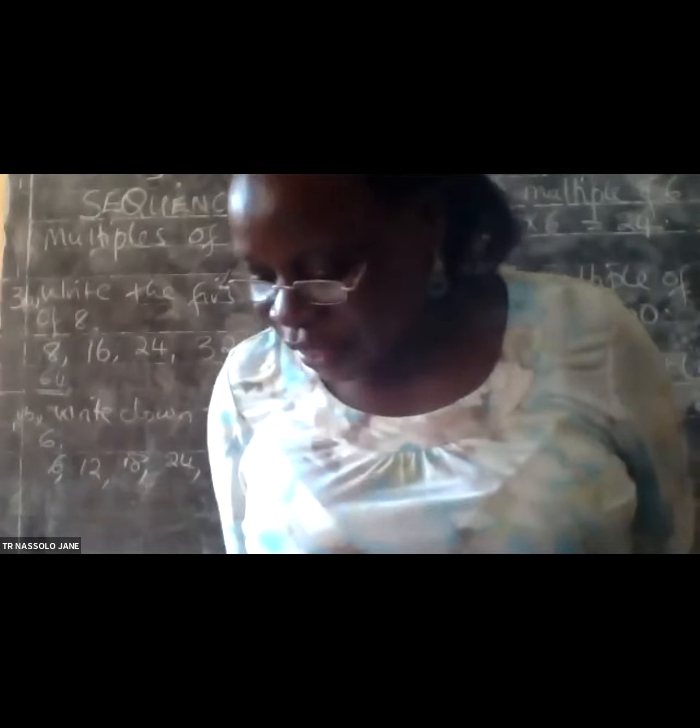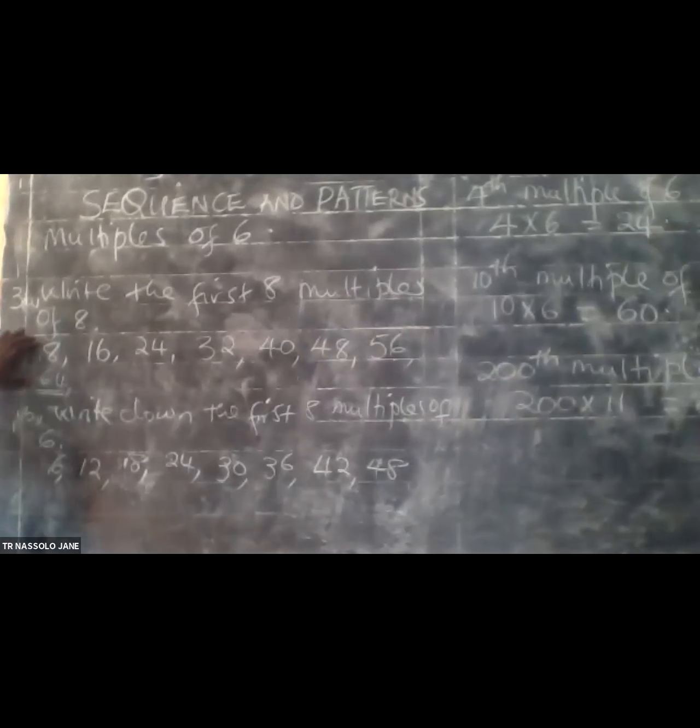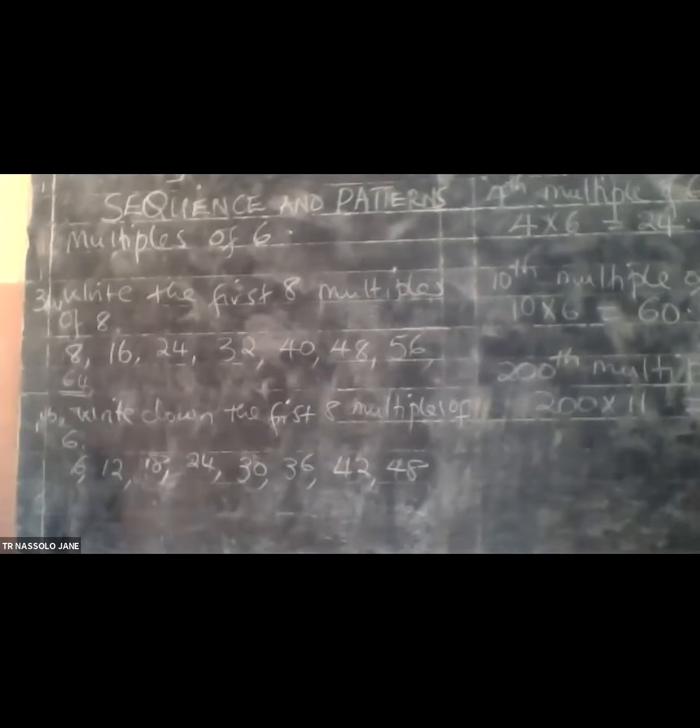The lowest common multiple. This smallest number is the lowest common multiple. Now we have our lists, the first 8 multiples of 8 and the first 8 multiples of 6. In the first place, can we get the common multiples of 8 and 6?